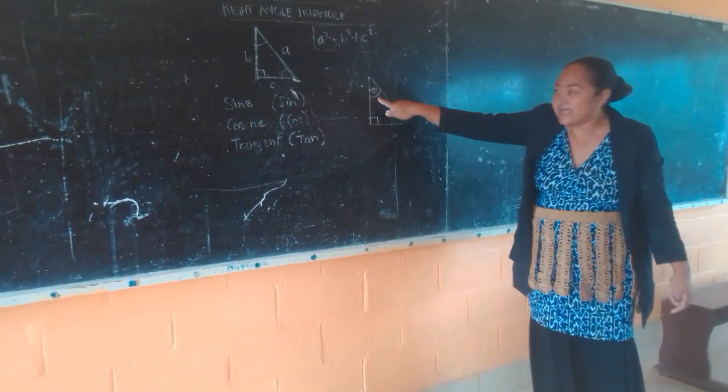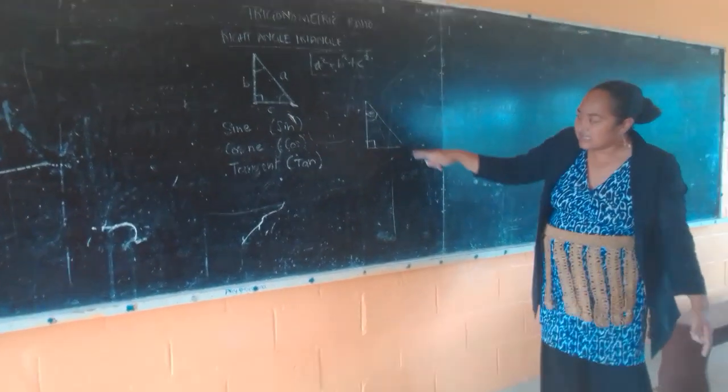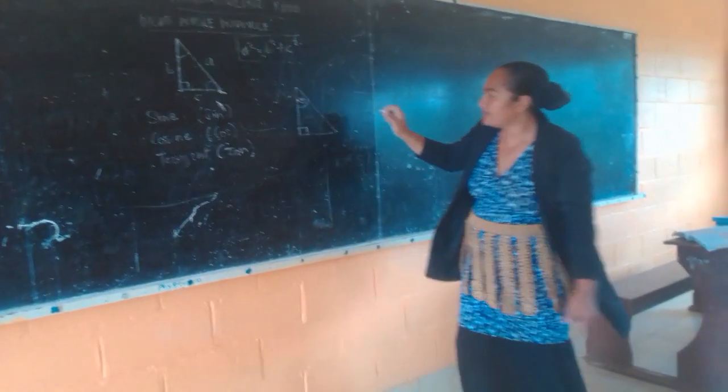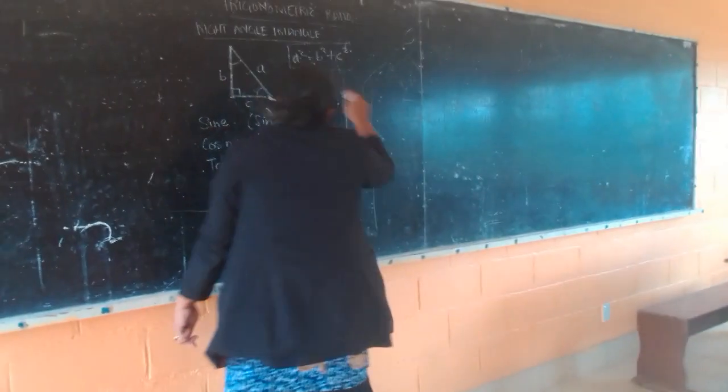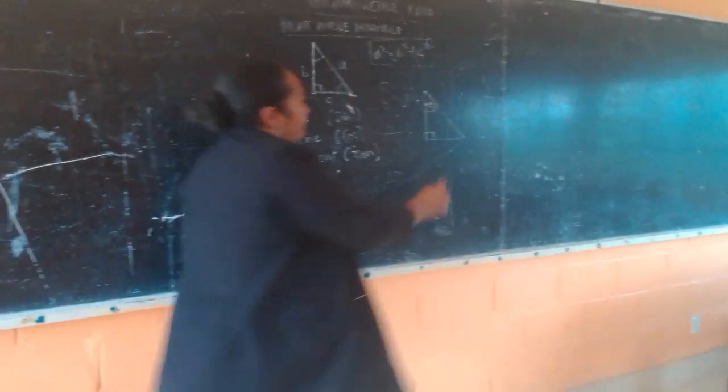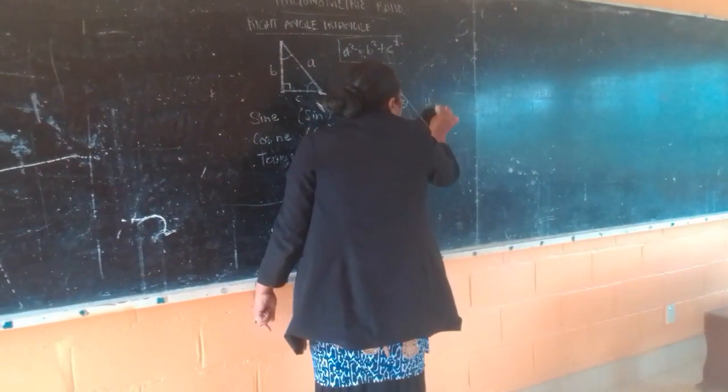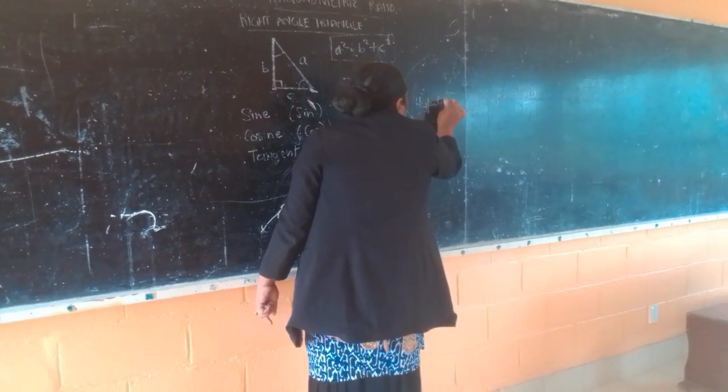We need to label this right angle triangle. This part here that we know as a in Pythagoras theorem, we call it the hypotenuse.